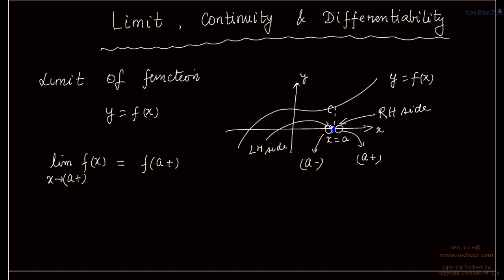This value, this value, this value is just at x is equal to a plus, okay? And limit as x tends to a minus of f(x), we call it f(a minus). Okay?